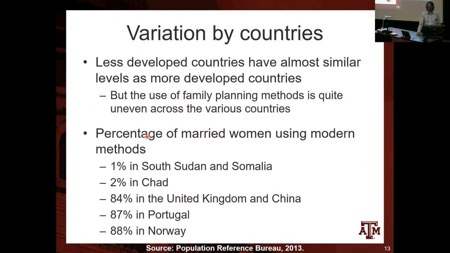The percentage of married women using modern methods varies from 1% in South Sudan and Somalia, 2% in Chad, compared to more than 80% and almost 90% in countries like the UK and China at 84%, Portugal at 87%, and Norway at 88%.